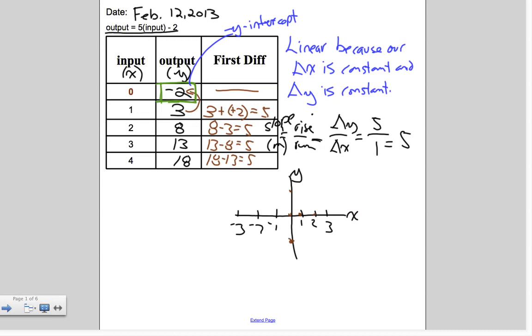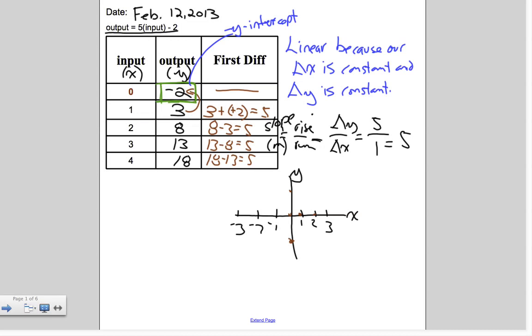Okay. Question, Pooja? I get all of that, but I don't really get output equals 5 and input equals -2. How did you start your graph with just that information? She doesn't understand the way you plotted the equation. So it's actually output is equal to 5 times input minus 2.